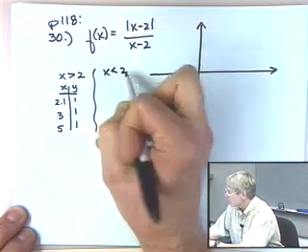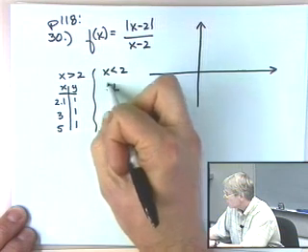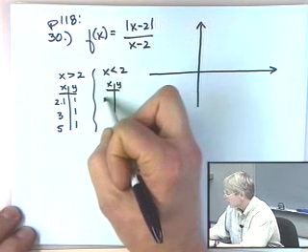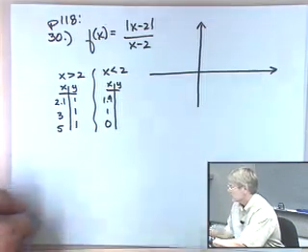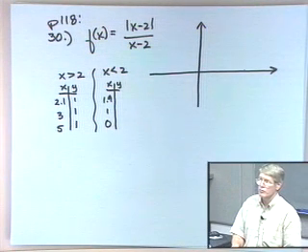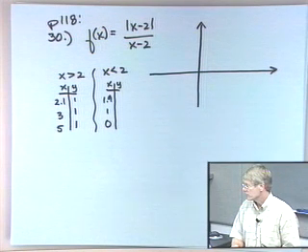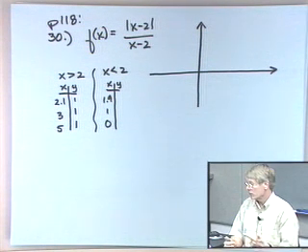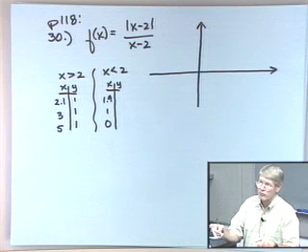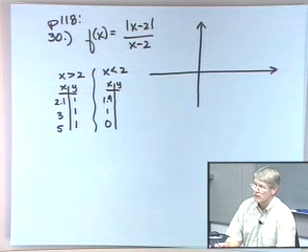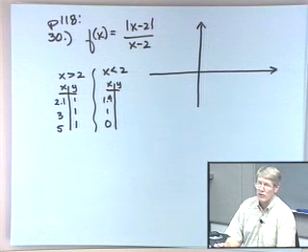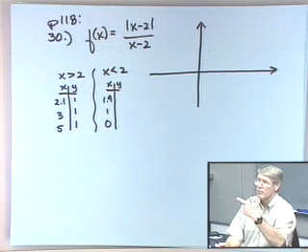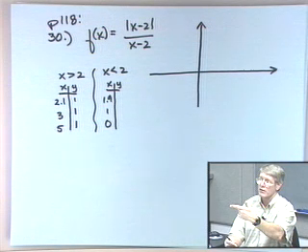If x is less than 2, now there is a difference, right? So a little bit less than 2, I'm just putting in 1.9. The numerator is 1.9 minus 2 absolute value. That's what? Positive 1/10. The denominator is 1.9 minus 2, which is negative 1/10. So what's positive 1/10 over negative 1/10?